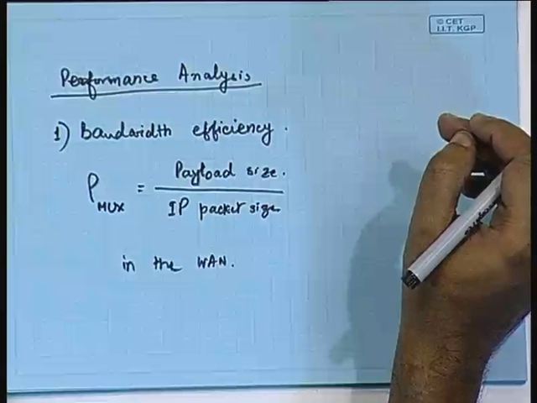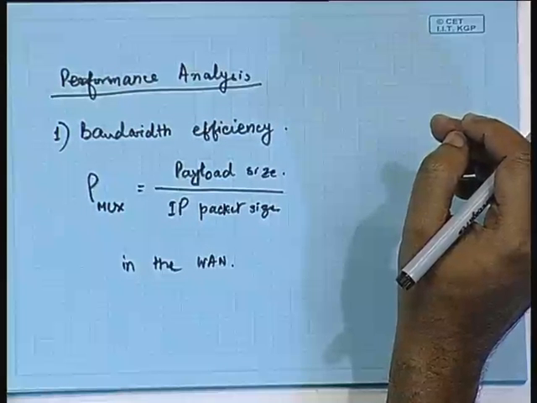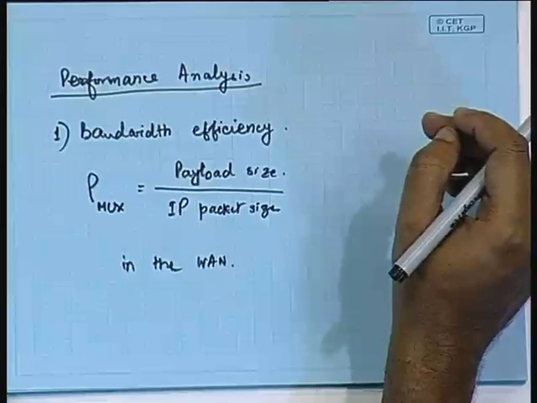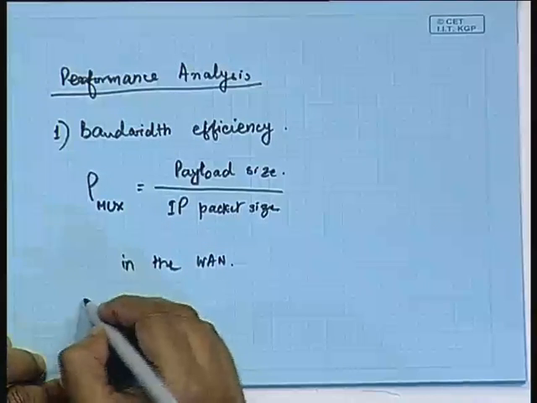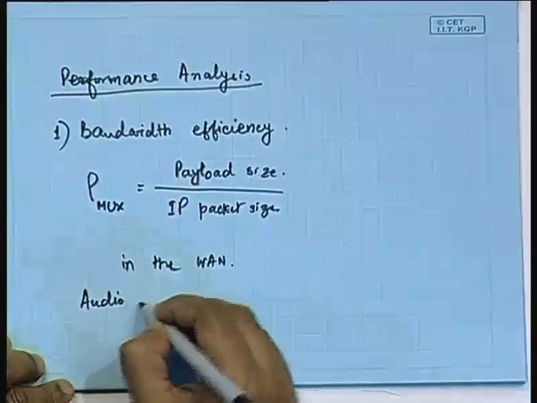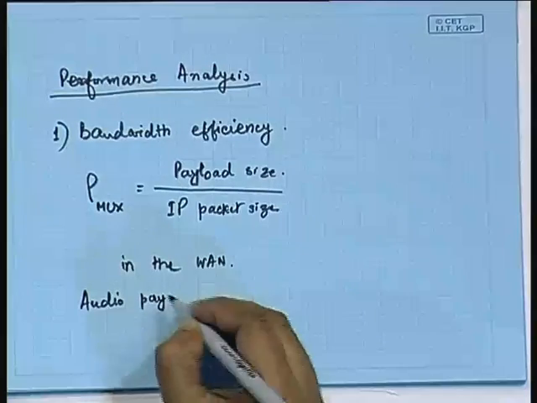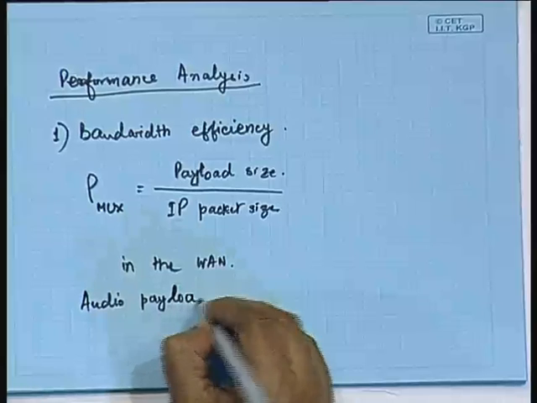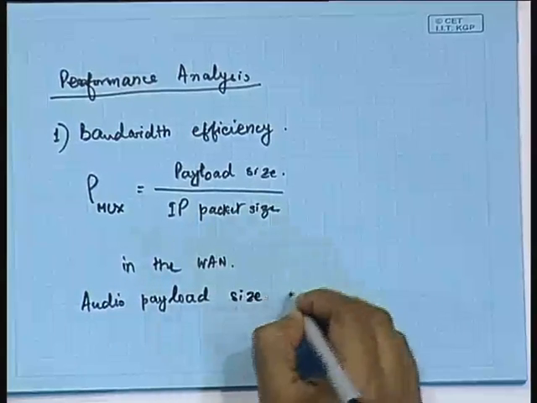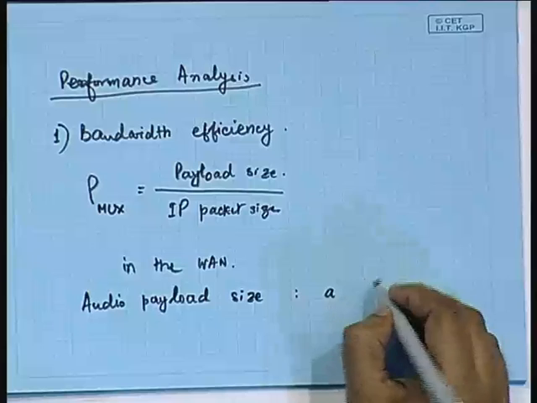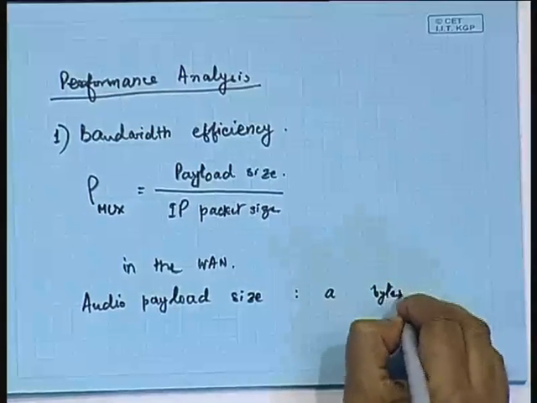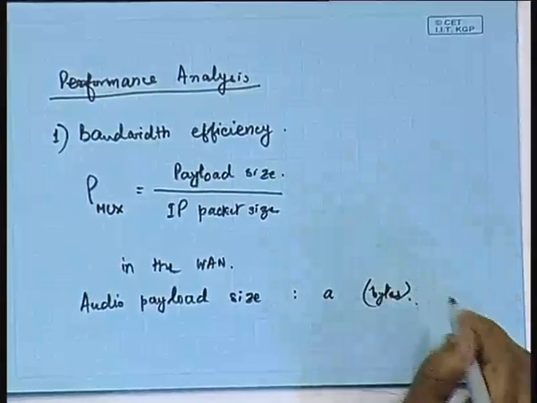Now how to find out that? How to find out the payload size? We need some more information for that. What is the audio payload size? Assuming that every channel, or every mux-demux pair, or every source-destination pair has a fixed audio payload size, let us say that audio payload size is A. Normally we will be expressing this A in the unit of bytes.